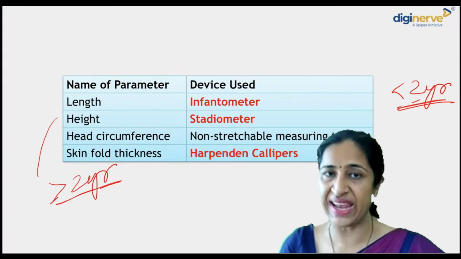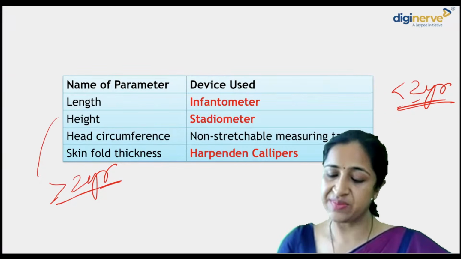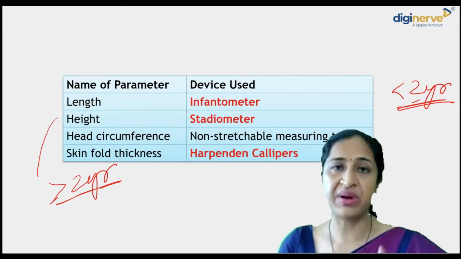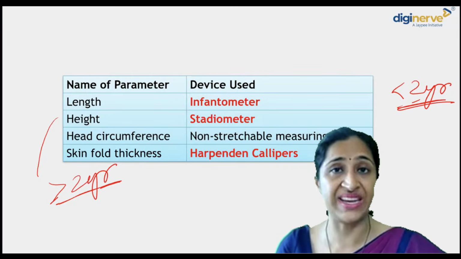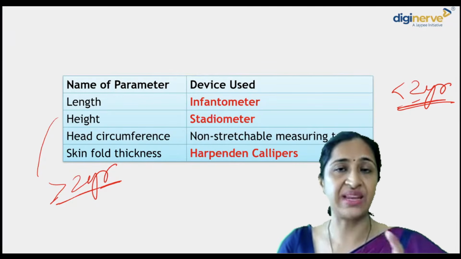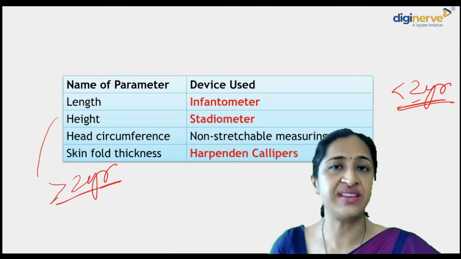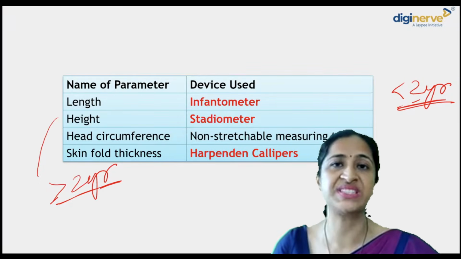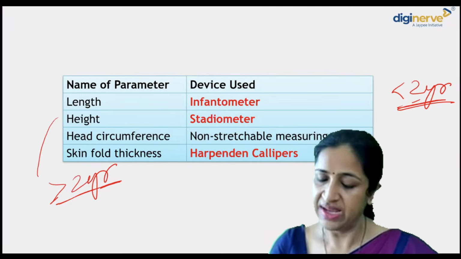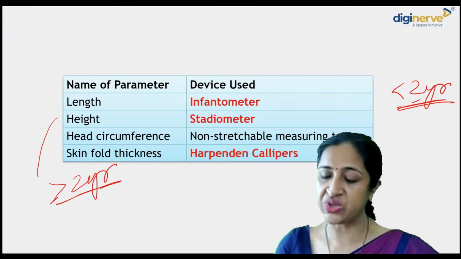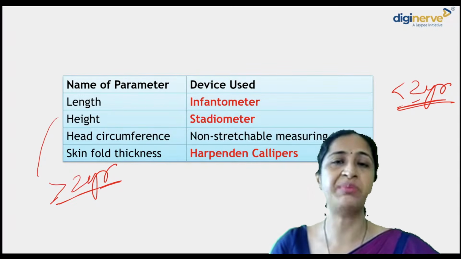So that is why length lying down is measured using an infantometer till 2 years of age. Height above 2 years is measured using a stadiometer, not a standing measuring tape. Okay. A standing scale. None of these are the correct answers. They are all given as options. Standing scale, vertical scale, all of them are wrong. Head circumference and mid-upper arm circumference, both measured using a non-stretchable measuring tape.